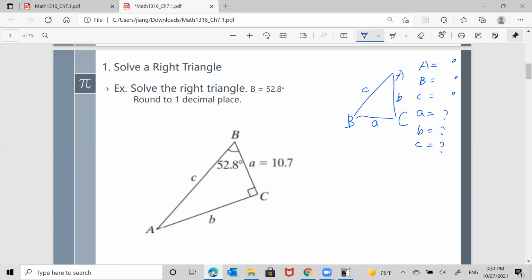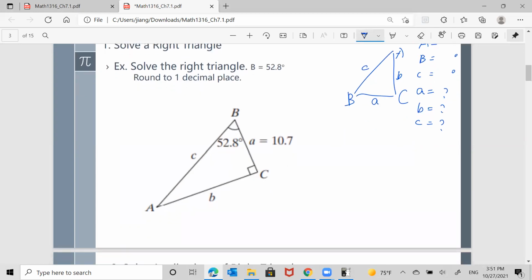For this example, the given information is the angle B is 52.8 degrees, and we have a equals 10.7, and we have a right angle C. We have learned that for any triangle, the angle A plus angle B plus angle C equals 180 degrees.